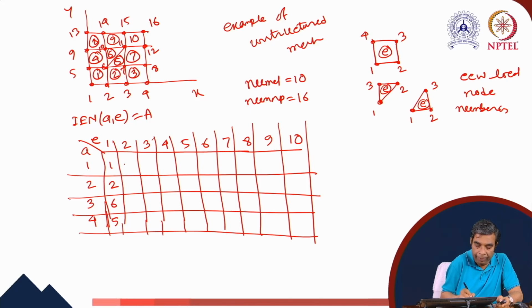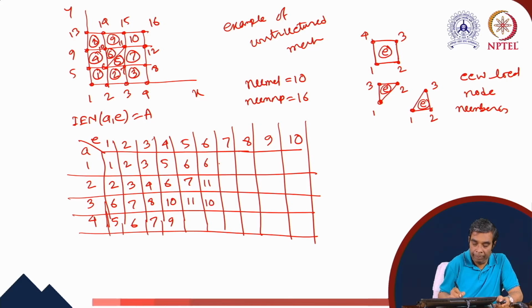For the second element, these are 2, 3, 7, 6. For the third element, we have 3, 4, 8, 7. For the fourth element, we have 5, 6, 10, 9. For the fifth element, we have 6, 7, 11. For the sixth element, we have 6, 11, 10.